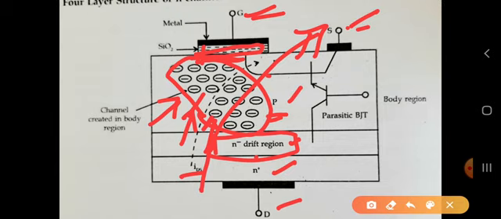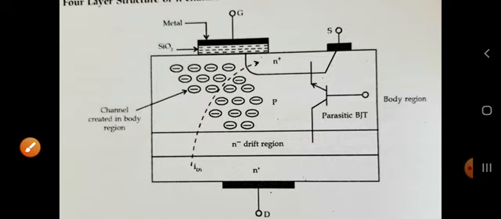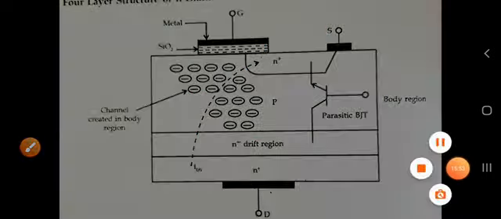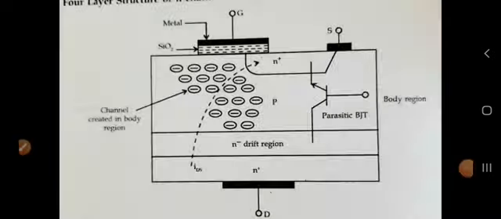So it is clearly mentioned that a power MOSFET also requires a higher voltage to turn on when the thickness of this N minus drift region increases; you need to apply more voltage. When the thickness is less, you need to apply a very small amount of voltage. So this is the explanation of the structure of the power MOSFET.